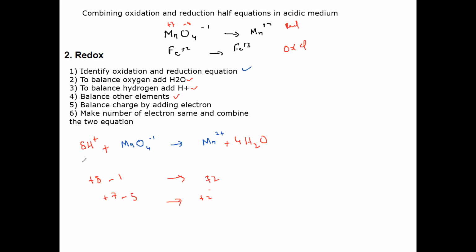I will get +2. So basically, I should add electrons to the side where I want to reduce the charge. That is why I will add 5 electrons on the left hand side, because adding 5 electrons will make +8 -1 -5. So the total charge will be +2. So +2 on the left hand side and +2 on the right hand side.